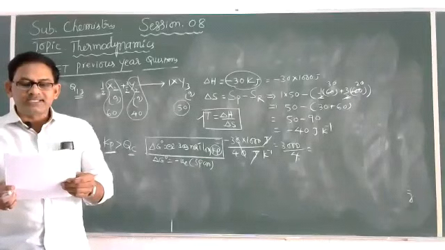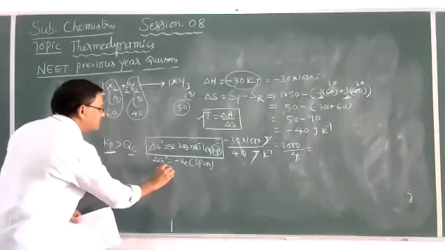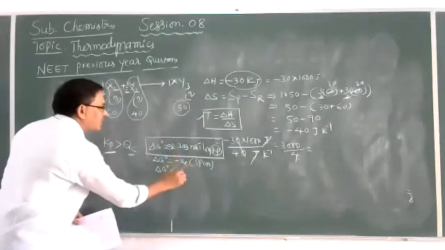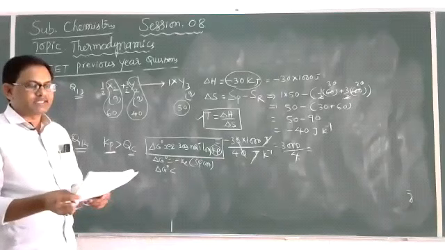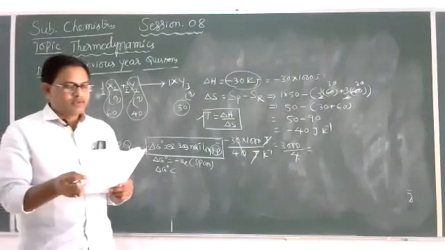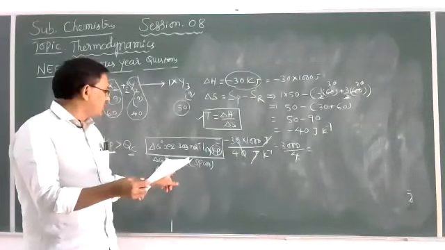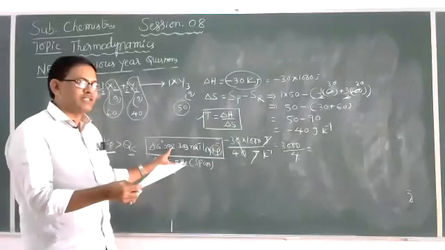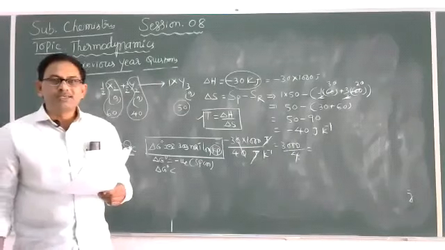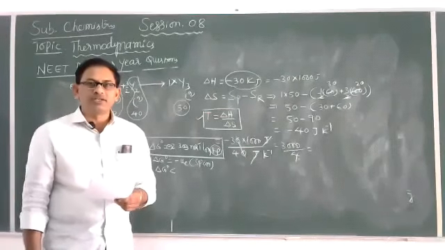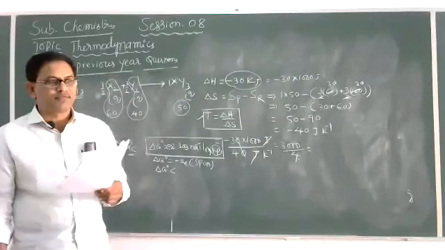Delta G is less than RT: if delta G is less than this value, it is a non-spontaneous process. Kp equals Q, the reaction quotient and equilibrium constant are both equal, and that is the equilibrium process.